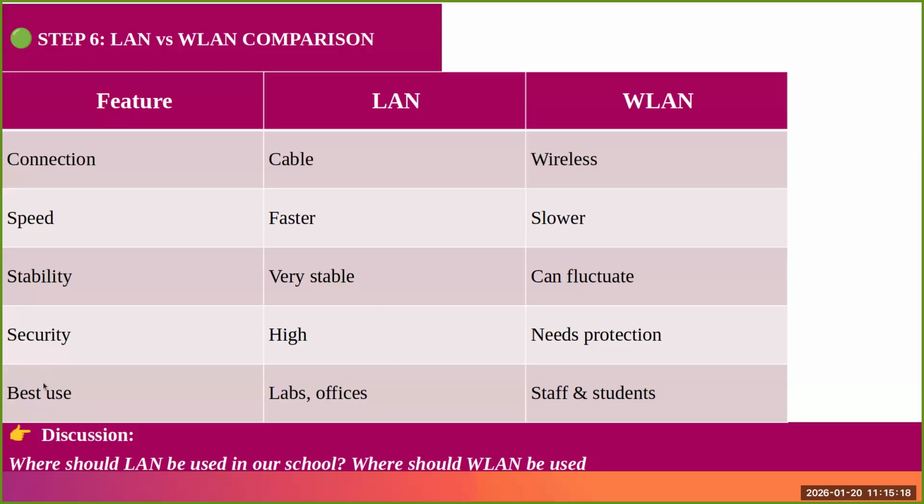Then, where it can be best used, LAN is best used in labs and offices because it's not very easy to use it across the corridor. You can't use it in an empty compound or a hall. But for WLAN, you can use it among staff, among students in a hall and all that. Very easy connection can take place.